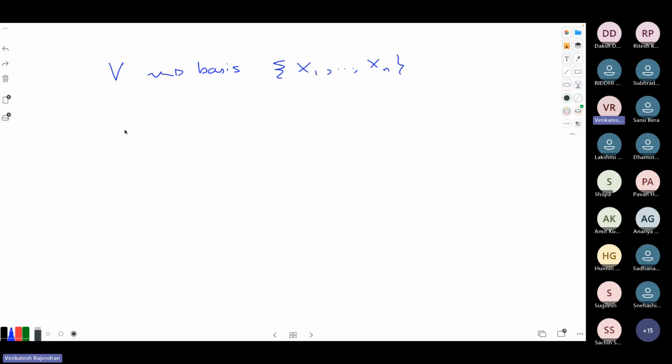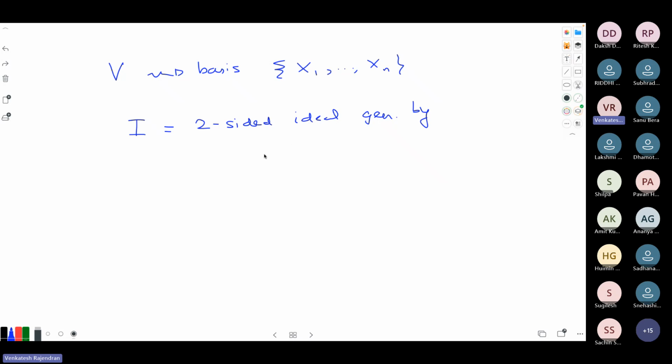Let's take this I, the two-sided ideal generated by, you can simply take it on the basis, or otherwise allow all possible linear combinations.